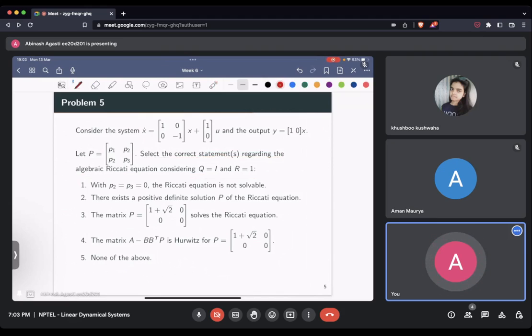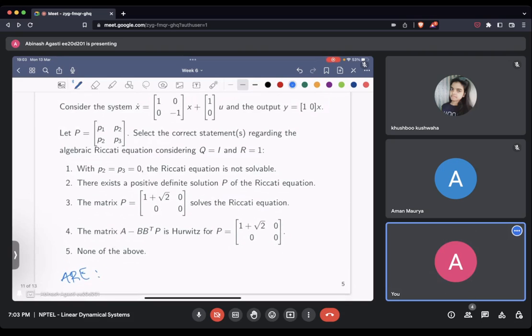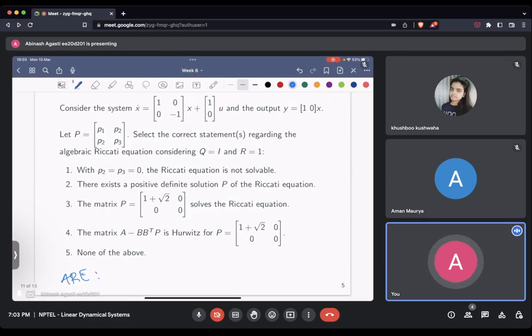So can someone first tell me what is the algebraic Riccati equation? The algebraic Riccati equation is given by A transpose.